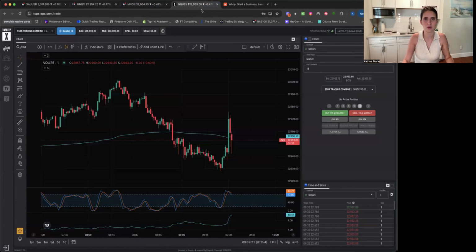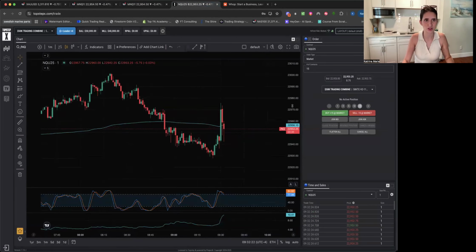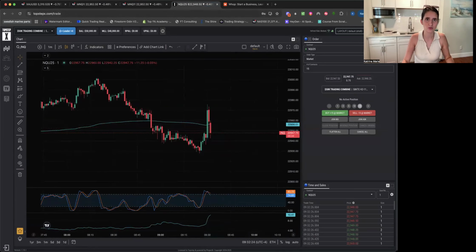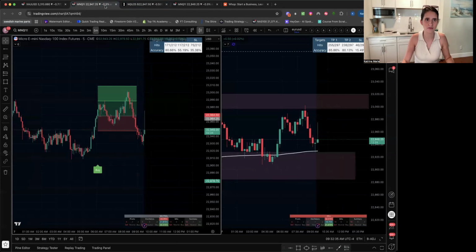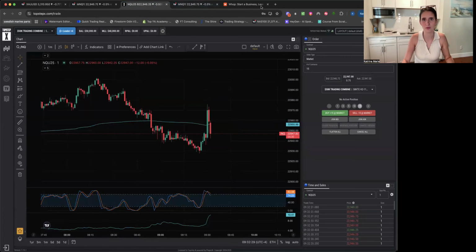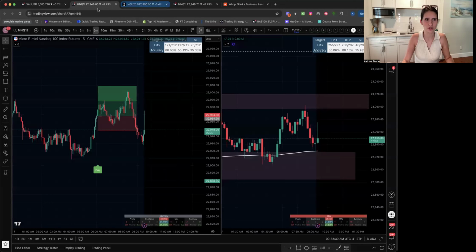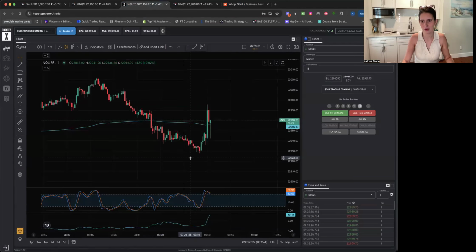And you can come over here to TopStep. What you would do is come back and forth here. This is what I was talking about. You have one tab open with the Firestorm indicators, and then you have one open right here, and you can come back and forth. That's how you can make it simple for yourself.